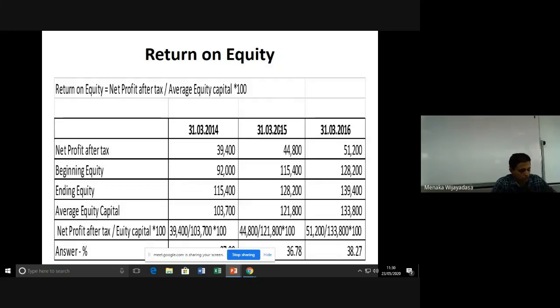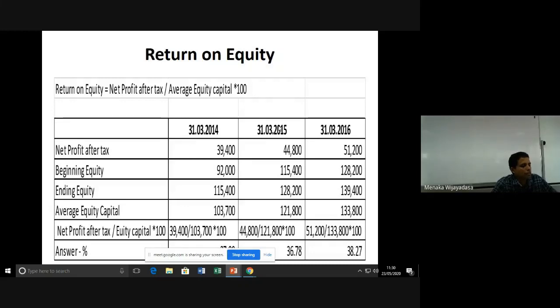If you go to note number 1, they have given the balances as at 31/3/2013. That is the 2014 beginning balance, right?